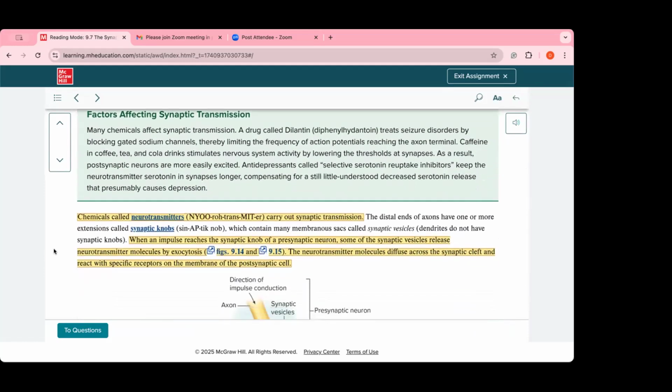Chemicals called neurotransmitters carry out synaptic transmissions. Yes, so neurotransmitters. The distal ends of axons have one or more extensions called synaptic knobs, which contain many membrane sacs called synaptic vesicles. Dendrites do not have synaptic knobs. So neurotransmitters are the chemicals that you need to release.